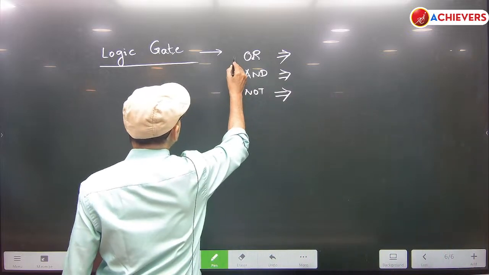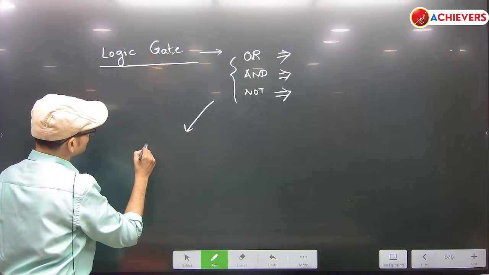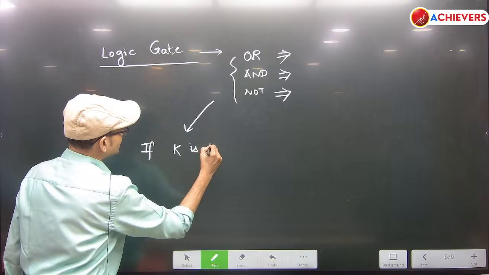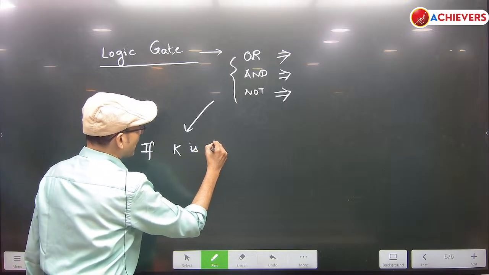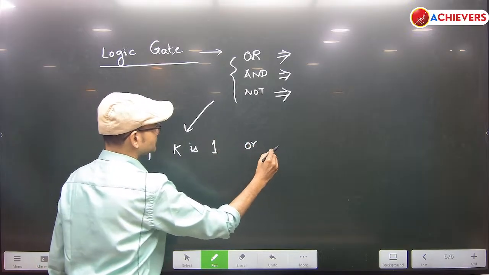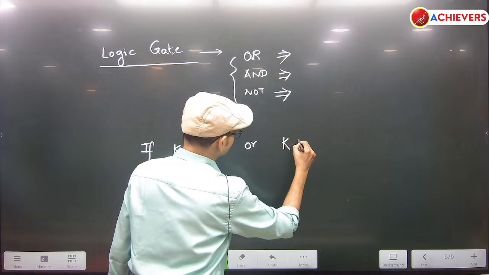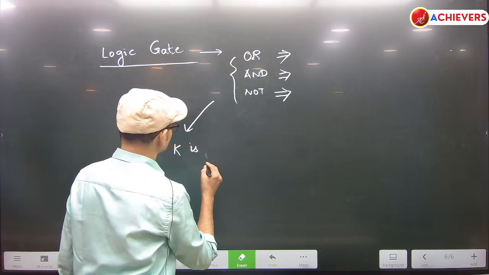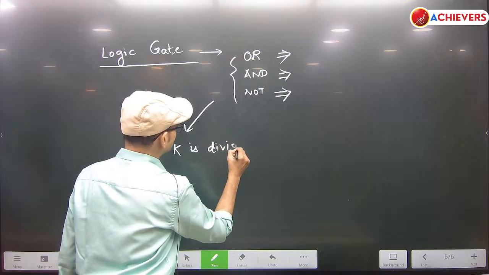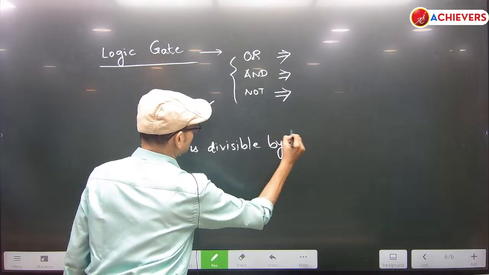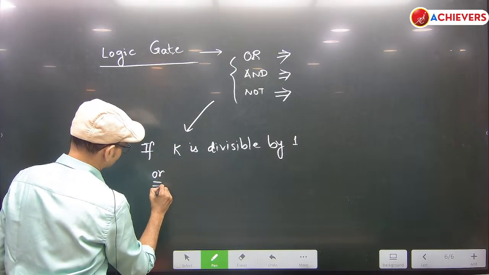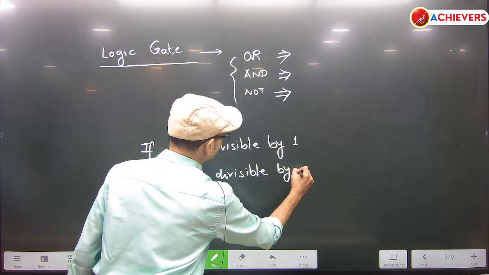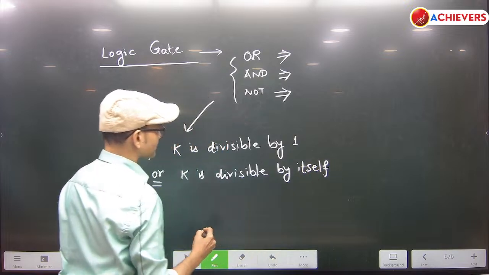That means if we consider any of this, if K is divisible by 1 or K is divisible by itself, so what does that mean?